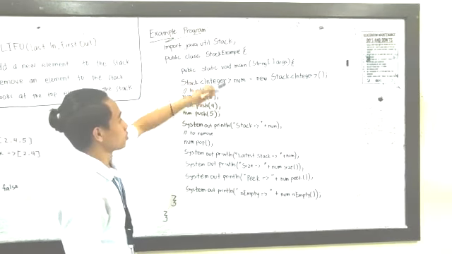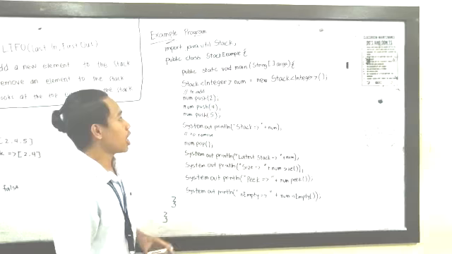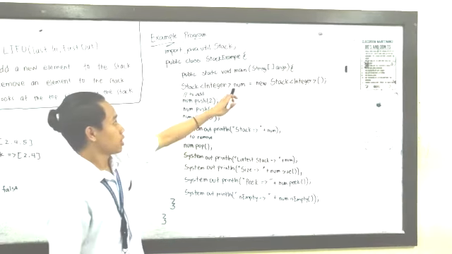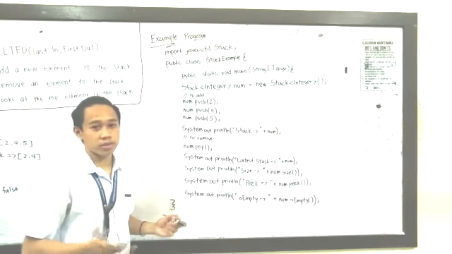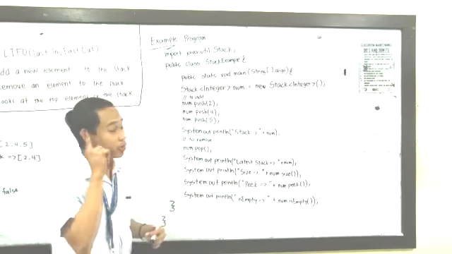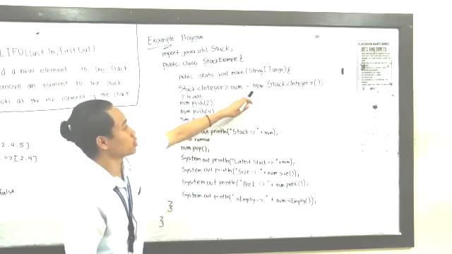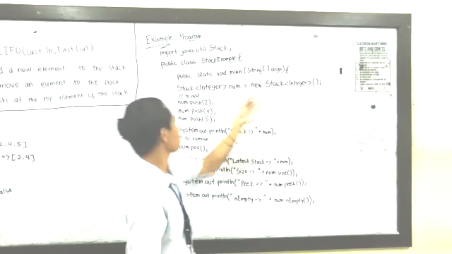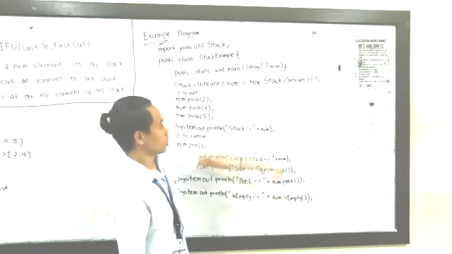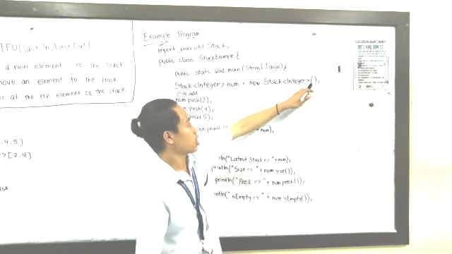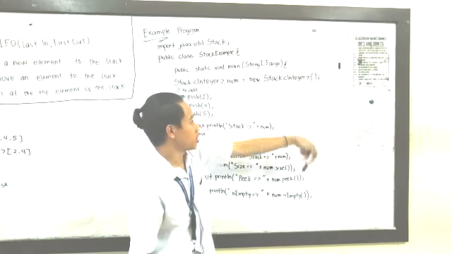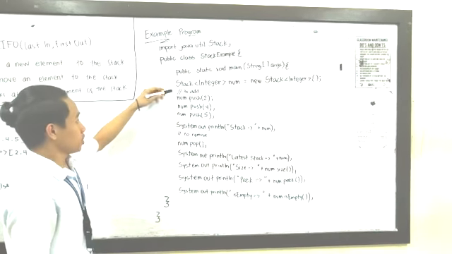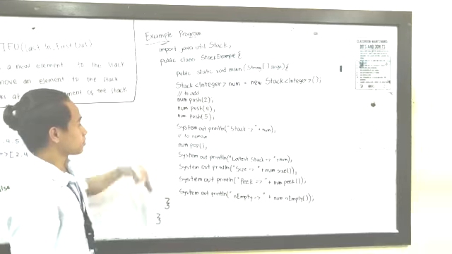After the data type is the variable, which in this program is num. You can use whatever variable you want. Then equals new Stack, then Integer again, first letter uppercase, then open and close parentheses, then a semicolon.